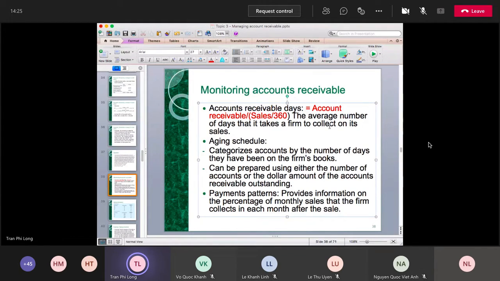It equals account receivable divided by sales and then divided by 360, okay. The meaning of the account receivable days is that it shows the average number of days that it takes a firm to collect the receivable.